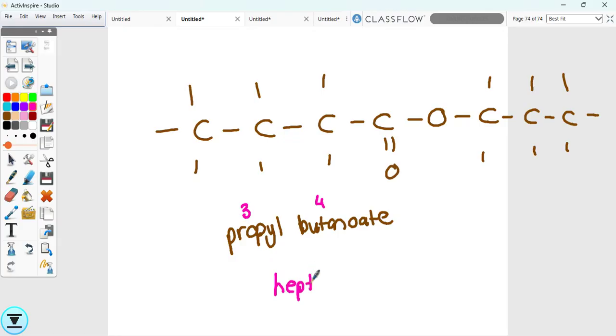Absolutely. So that would be, what type of isomers would these two things be of each other? Functional group isomers, yes. Now, if I ask you for a positional isomer of that, of propyl butanoate, what would you say?